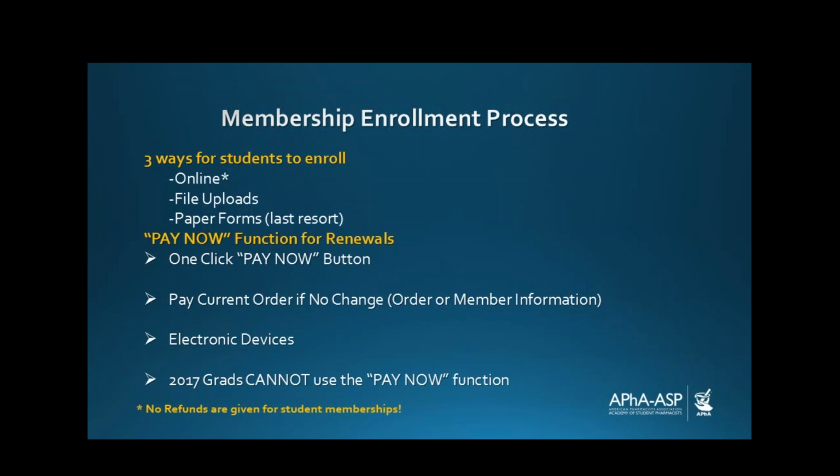If you don't have any paper forms, because we asked for chapters to request this during the membership questionnaire that went out at the beginning of the summer, you can also print those out online on the membership resources page. We do have some chapter enrollment forms there. So please offer these forms to students having issues, but if they're not having issues, we do prefer them to use the online method of enrollment.